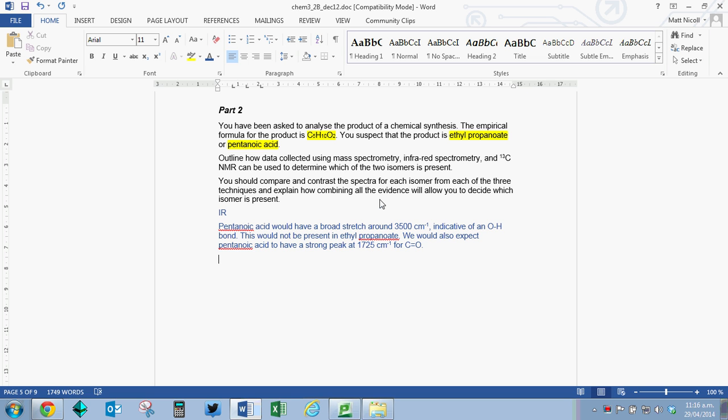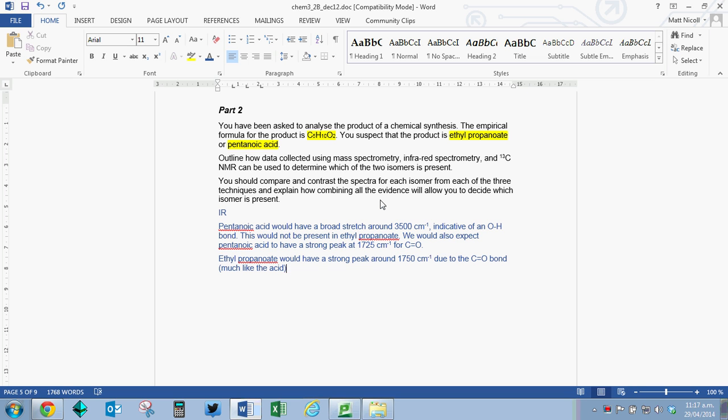The ester, so ethyl propanoate, would have a strong peak around 1750 due to the CO bond, much like the acid.